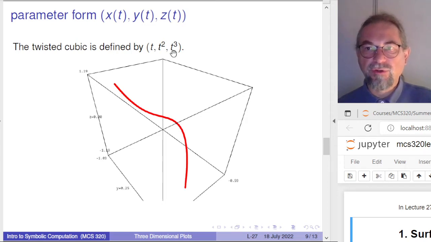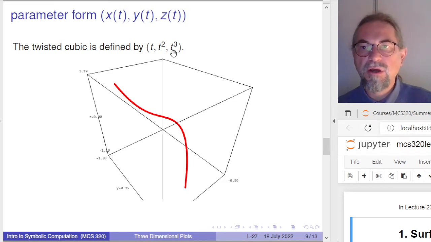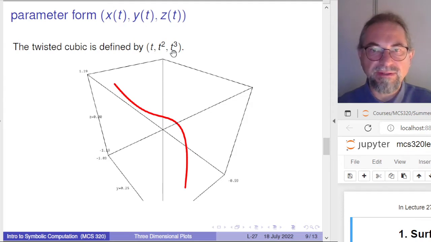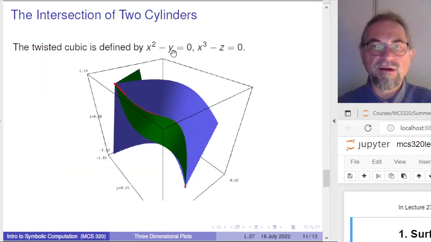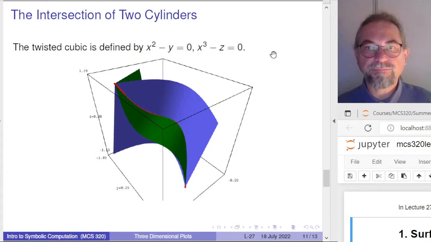This cubic is twisted because it moves along a parabolic cylinder, and that can be made explicit via a plot using the two surfaces. The intersection of these two surfaces defines the space curve.